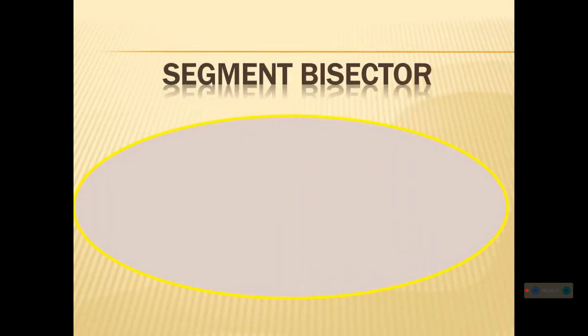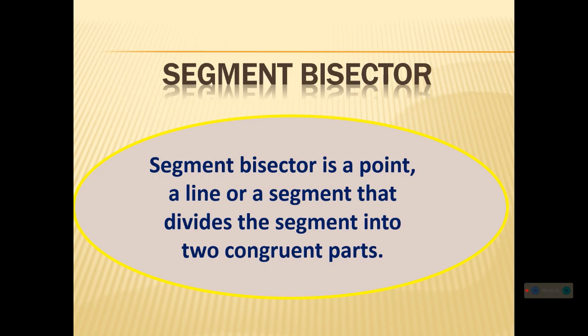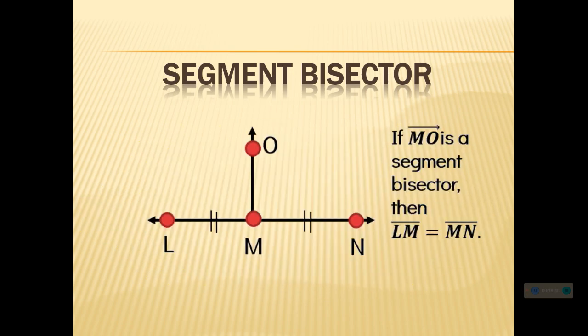So if an angle bisector divides one angle into two equal parts or two equal angles, when we say segment bisector, it is a point or a line or a segment that divides the segment into two congruent parts. Okay? So we have here, segment or ray MO is a segment bisector of LM and MN.